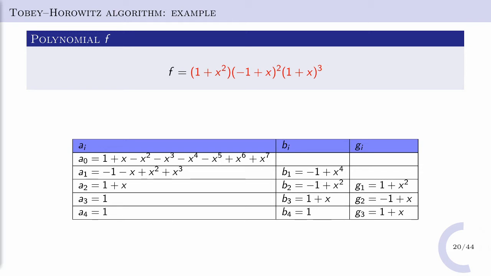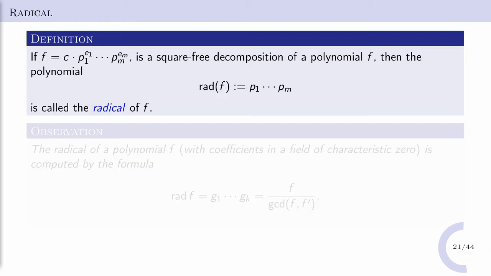There is a notion very closely related to the square free decomposition. It's called the radical of a polynomial, or more generally, radical of any element in a unique factorization domain.